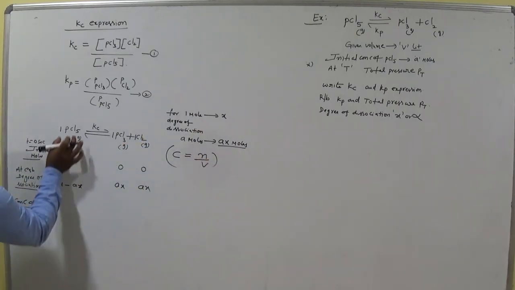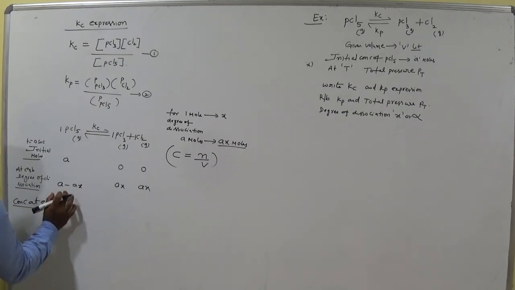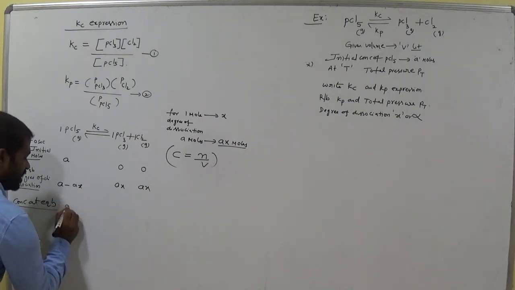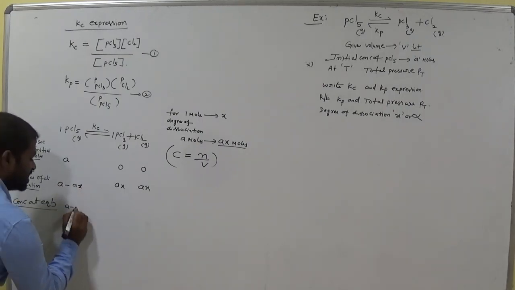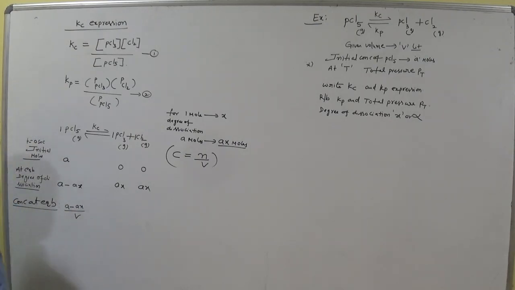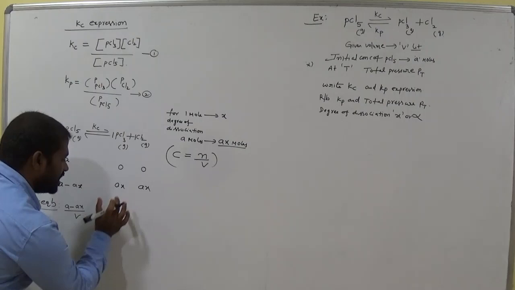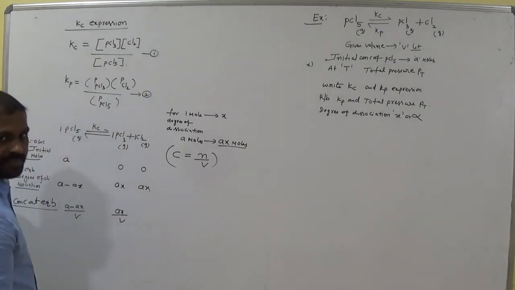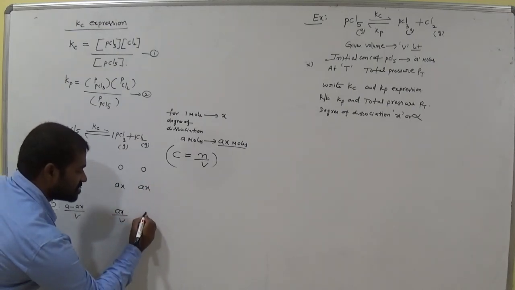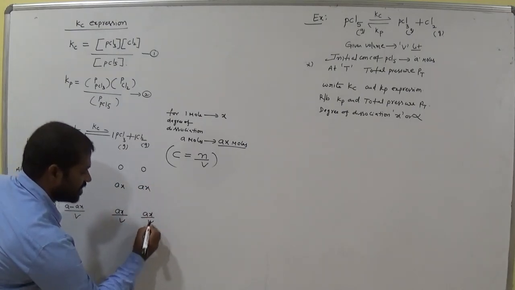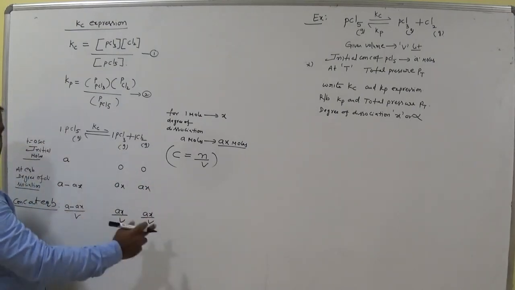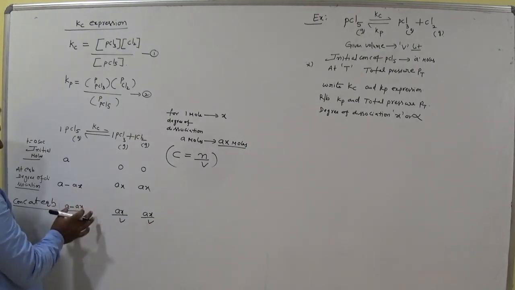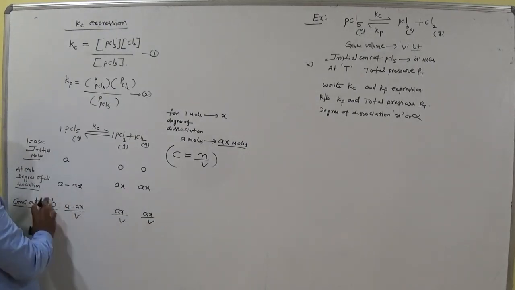Now what is the concentration of PCl5 at equilibrium? Number of moles A minus Ax, by the given volume V. Now the concentration of PCl3 is the number of moles at equilibrium by the given volume V. These are all concentration terms: moles divided by volume give concentrations at equilibrium.